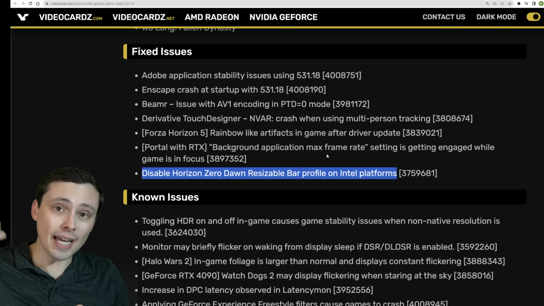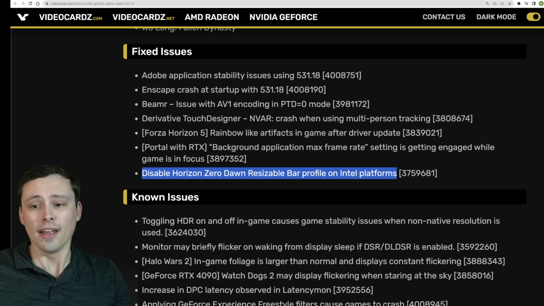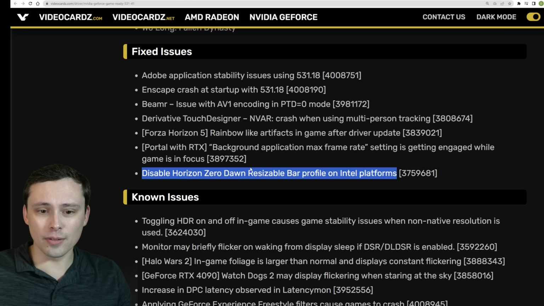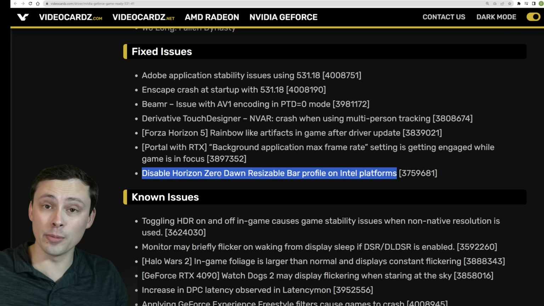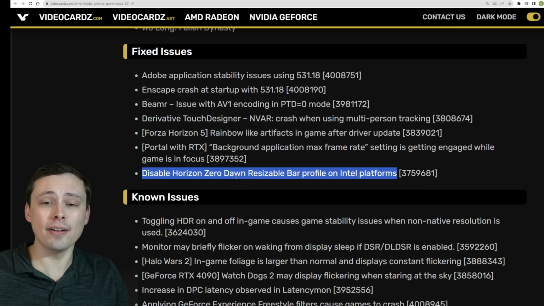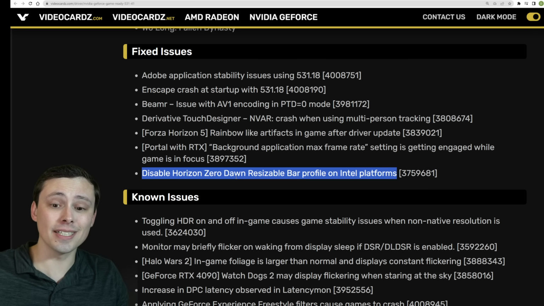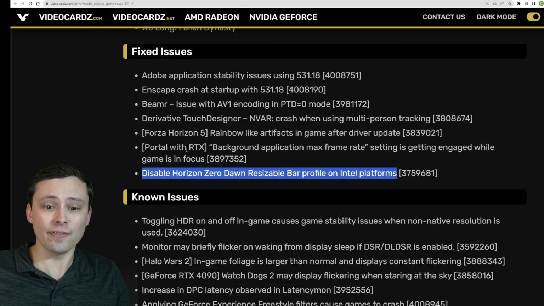This relates to my last video and reporting on Hardware Unboxed findings that the resizable bar in Horizon Zero Dawn on Intel's platforms, but not AMD platforms, was causing degraded performance. AMD platforms saw some degraded performance in CPU limited situations, but the Intel 13900K platform saw significantly worse. So it looks like NVIDIA is aware of that issue and has fixed it by just disabling the resizable bar profile.